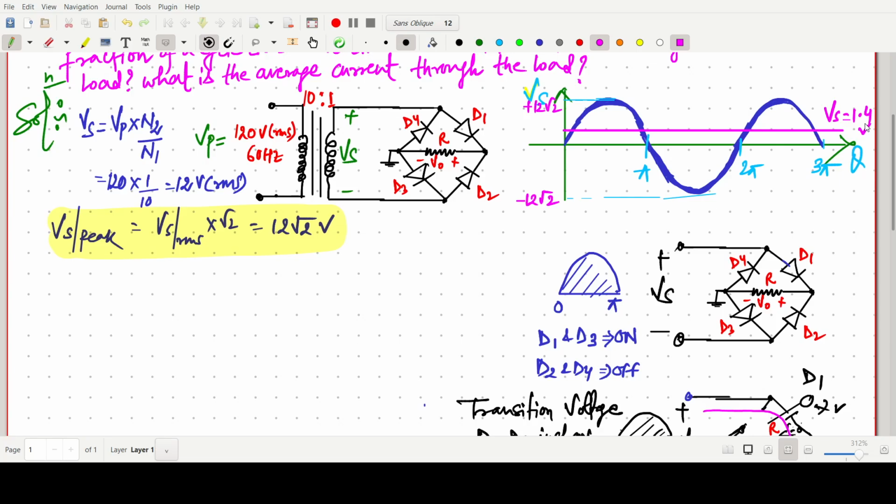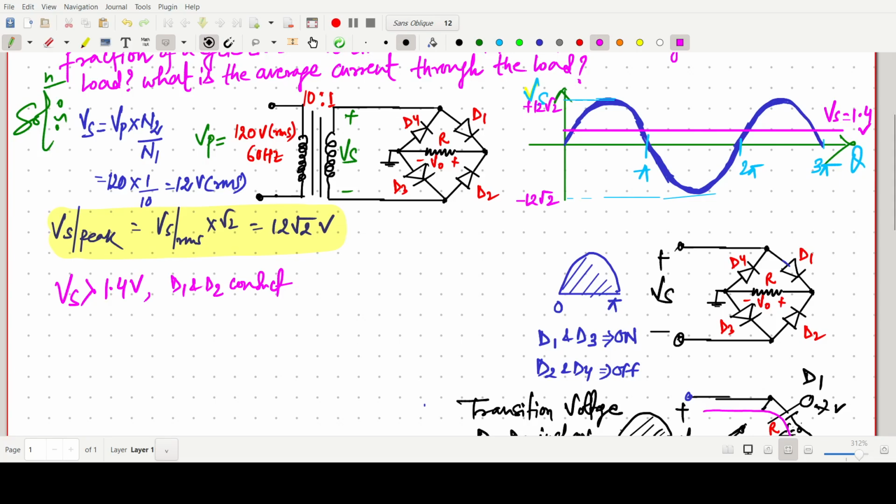When Vs is greater than 1.4 volt, diodes D1 and D2 conduct, because a 0.7 volt drop is there for each. So the minimum voltage we have to give is 1.4 volt for both diodes to conduct.